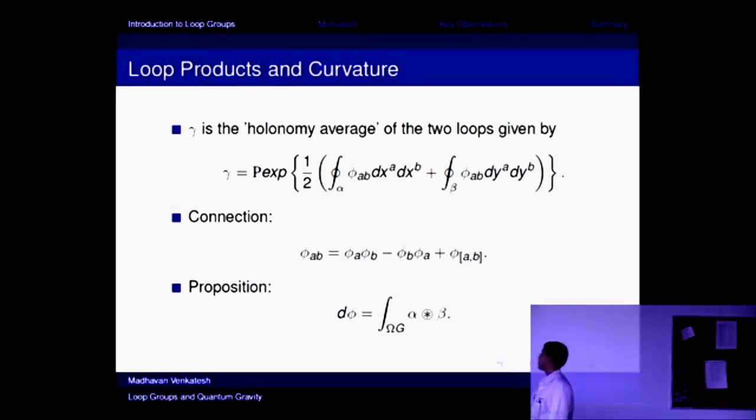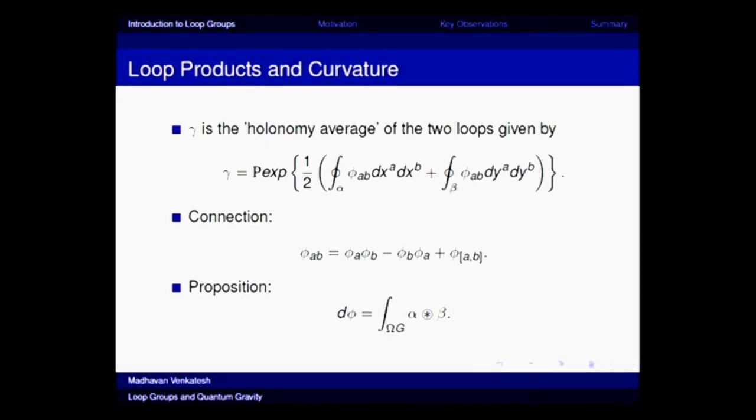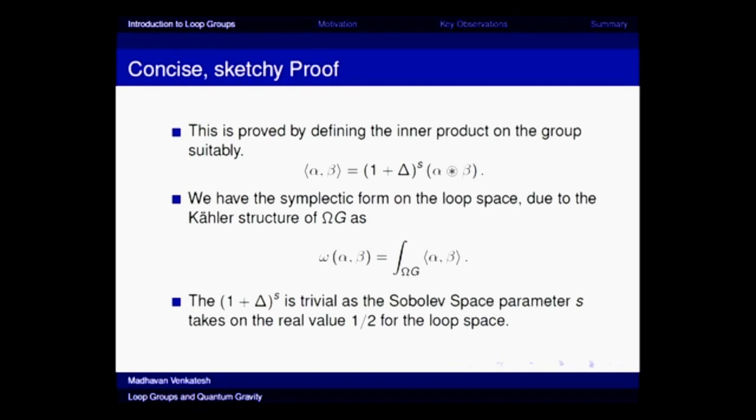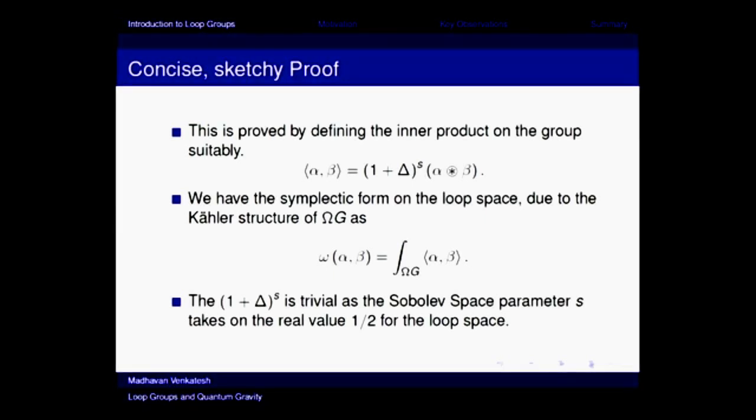Here we propose that the curvature of the connection is that. So we provide a concise, sketchy proof of what that should be like. We do that by defining an inner product on the group with the help of this pseudo differential operator delta.